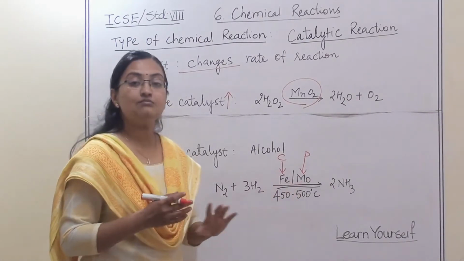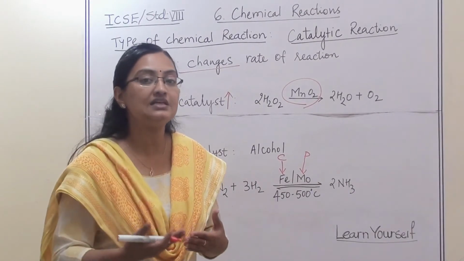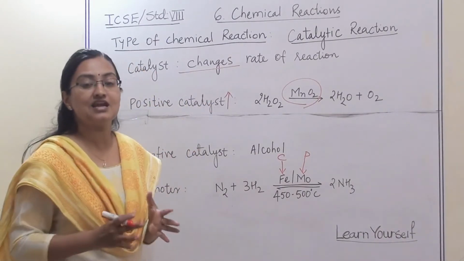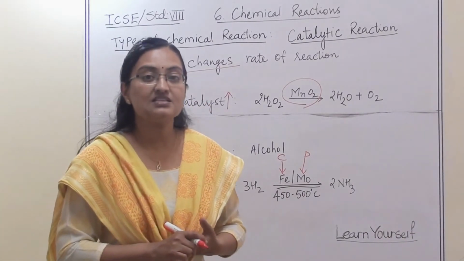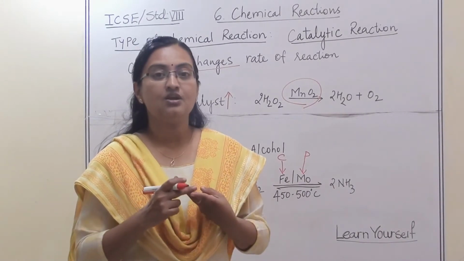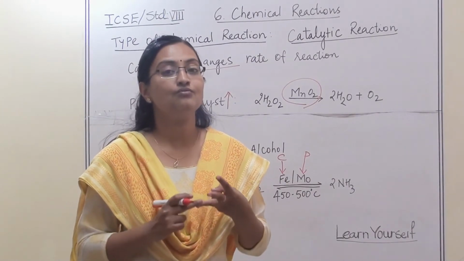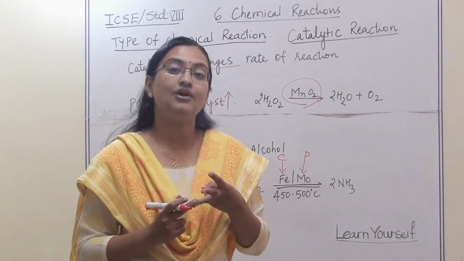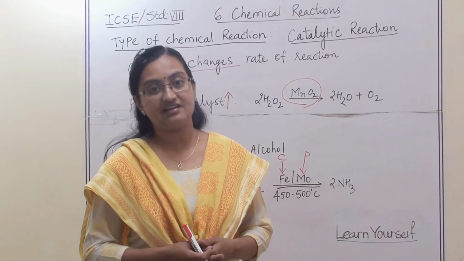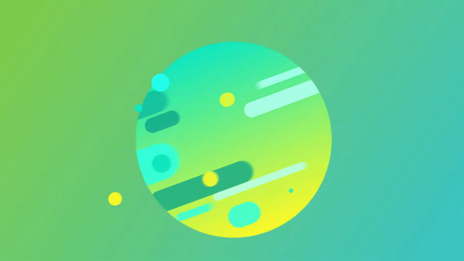Molybdenum is not a catalyst, it is a promoter which will help the catalyst to increase the speed of reaction. So a catalytic reaction is a reaction which takes place with the help of a catalyst. There are 3 types: positive catalytic reaction, negative catalytic reaction, and the reaction which occurs with the help of a promoter. In our body, enzymes are also one type of catalyst which enhances the rate of our metabolic process.